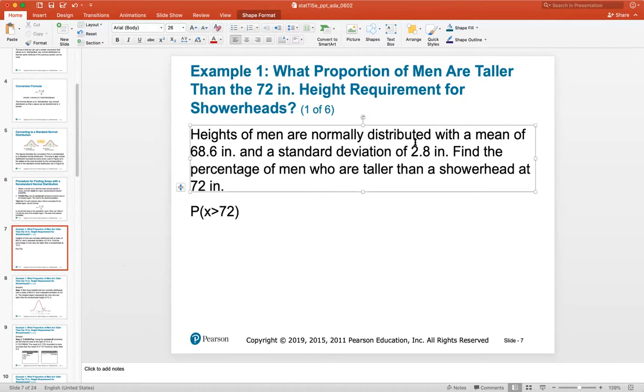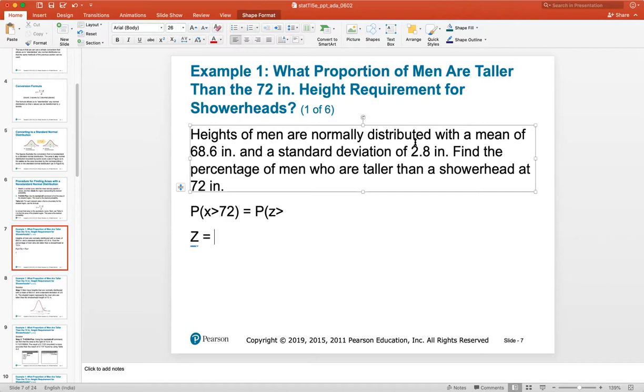Let me solve this one by converting the normal distribution to the standard normal distribution. This is equal to the probability that the z-score is greater than, what's the z-score, by the way? We're going to find the z-score corresponding to 72 using the conversion formula.